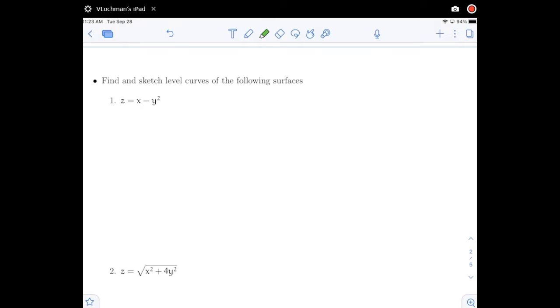So something like a four-dimensional surface, we can't really visualize it. But level curves are helpful in that they can give us an idea how the surface grows, right? Or how it behaves if we can just do these projections of intersections of the surface and the plane.